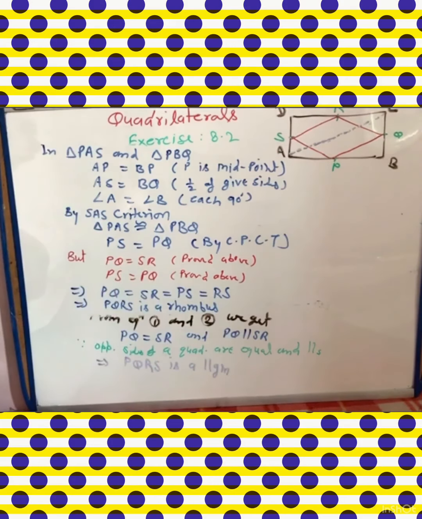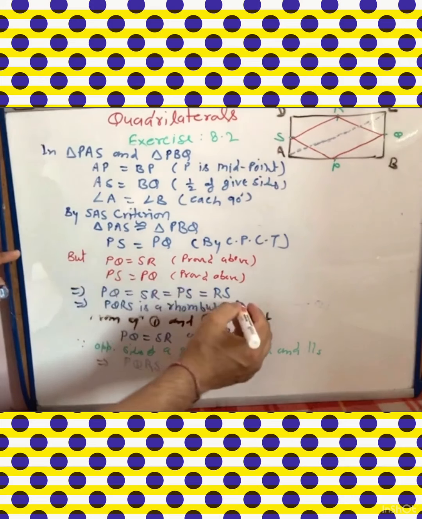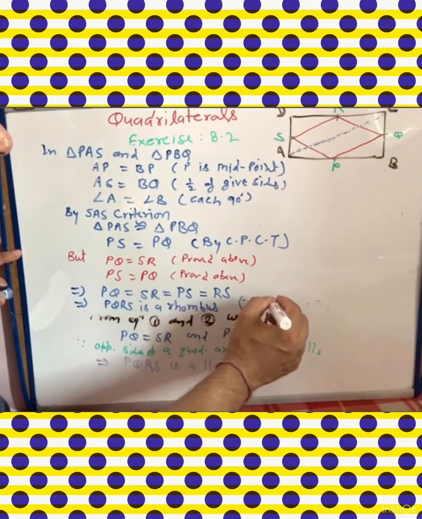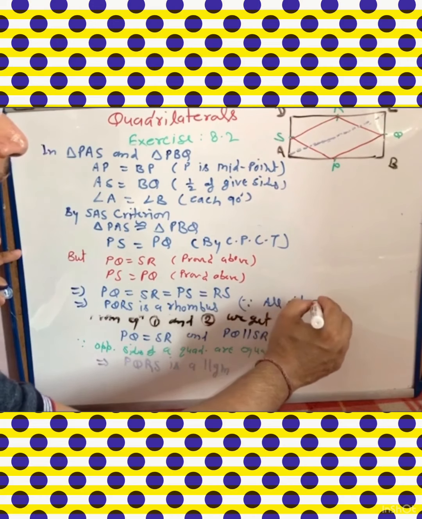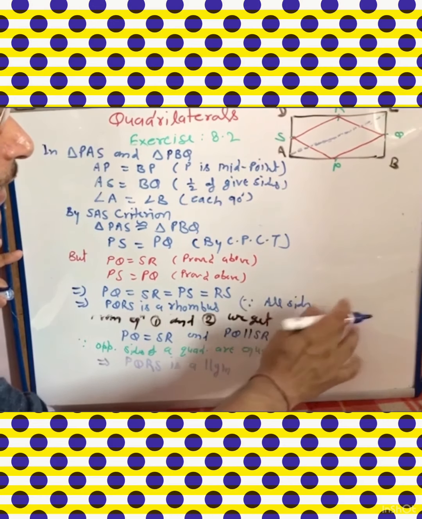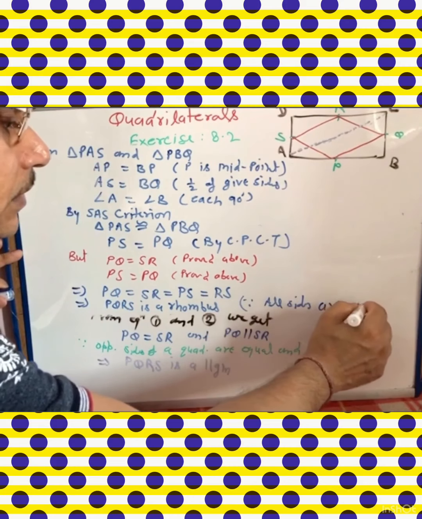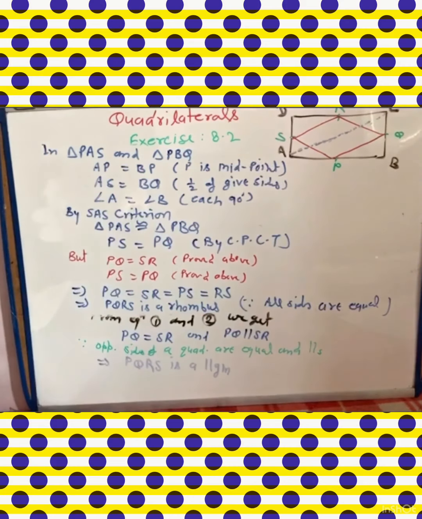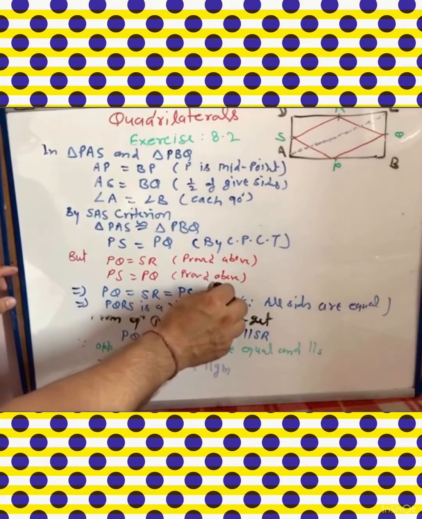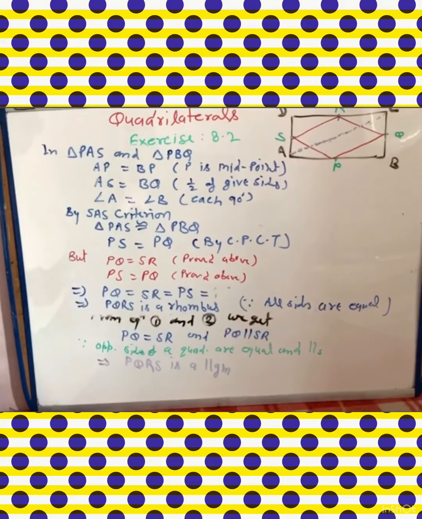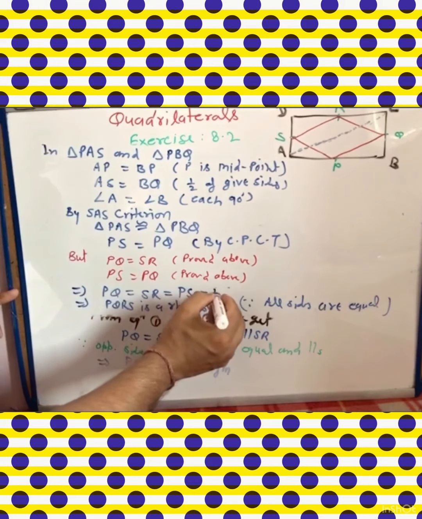Okay, parallelogram PQRS is a rhombus. Why? Since all sides are equal. हाँ, SR नहीं लिखना है. हाँ, RQ you will write here RQ. Okay, RQ.